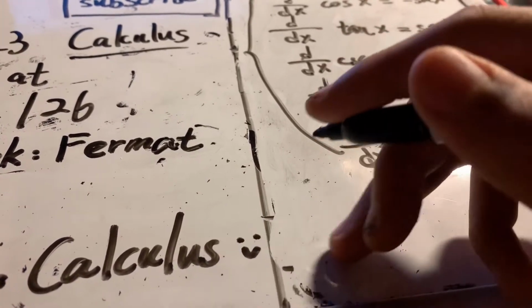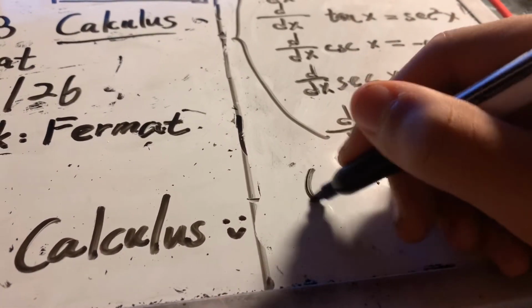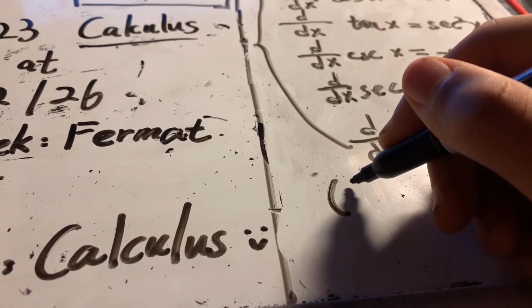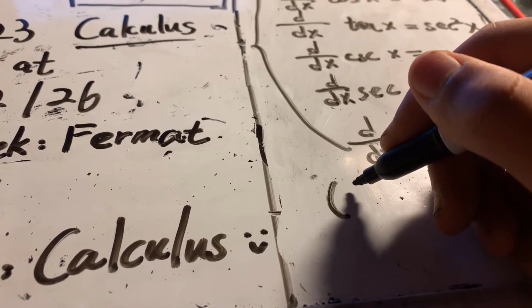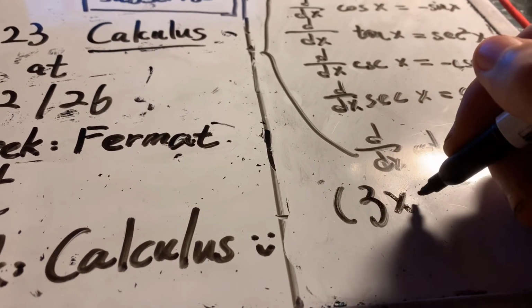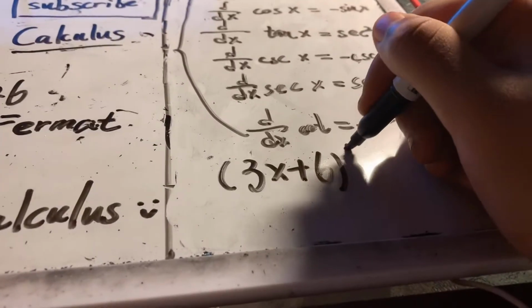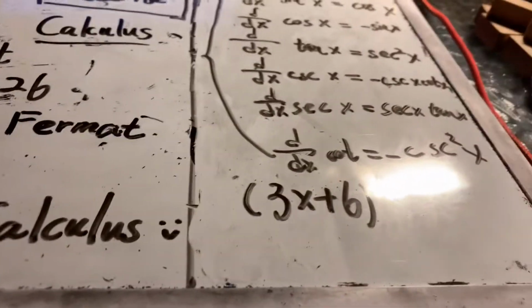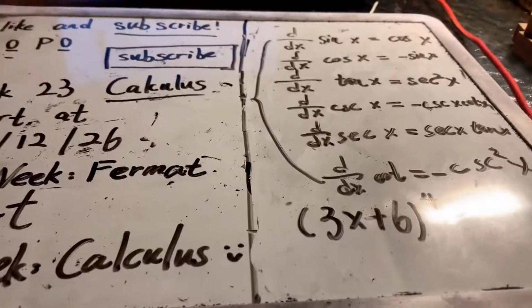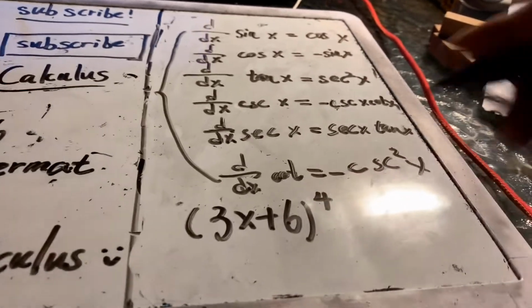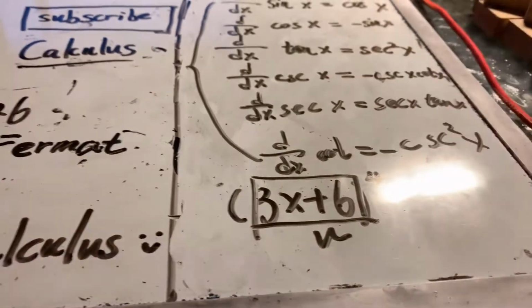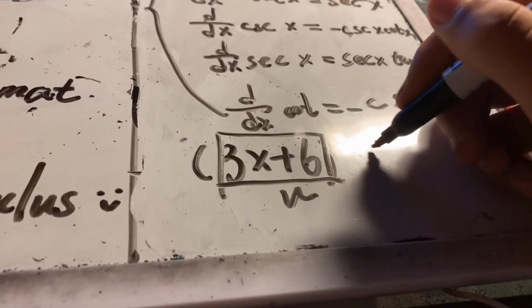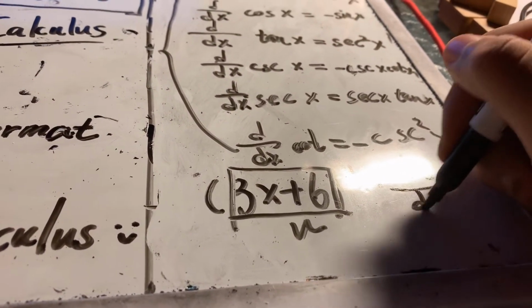It means that if there is a formula like this, say a power of 3x plus 6, and it requires you to find the derivative, what should we do? In this case, you have to set the inside as u, and you need to multiply by another du over dx.